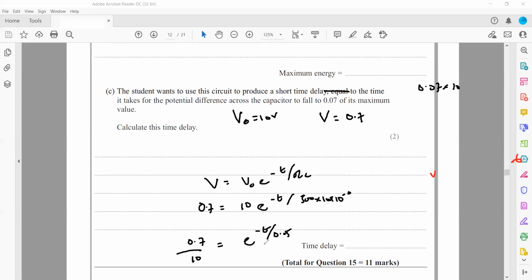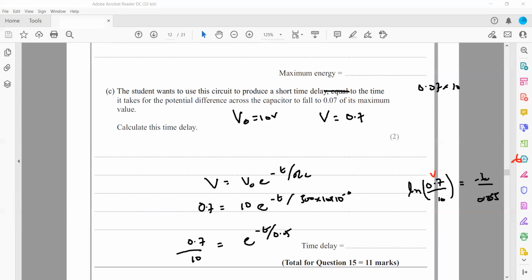Then we take ln on both sides. So ln of 0.7 divided by 10 is equal to minus T over 0.05.